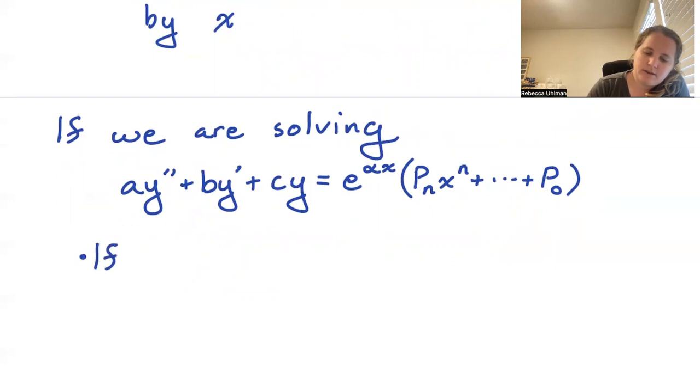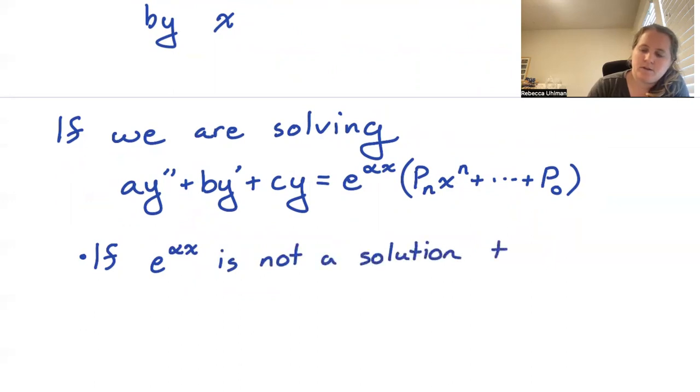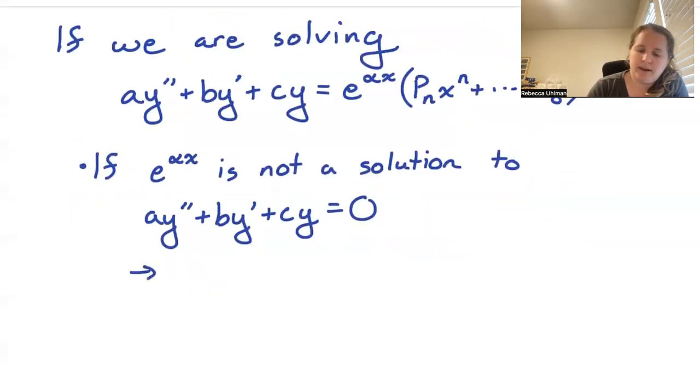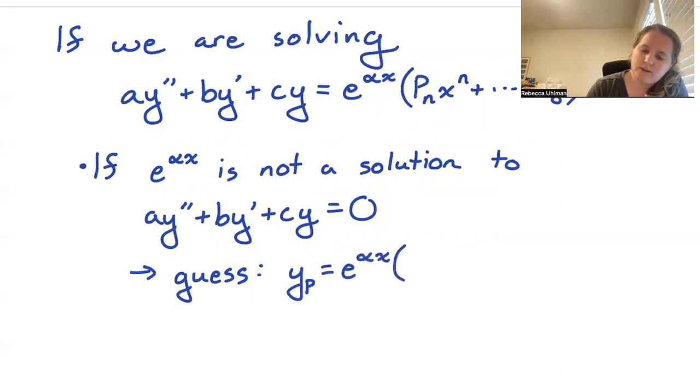If e to the alpha x is not a solution to ay double prime plus by prime plus cy equals 0, then we guess that yp is equal to e to the alpha x times an x to the n plus all the way down to a naught.